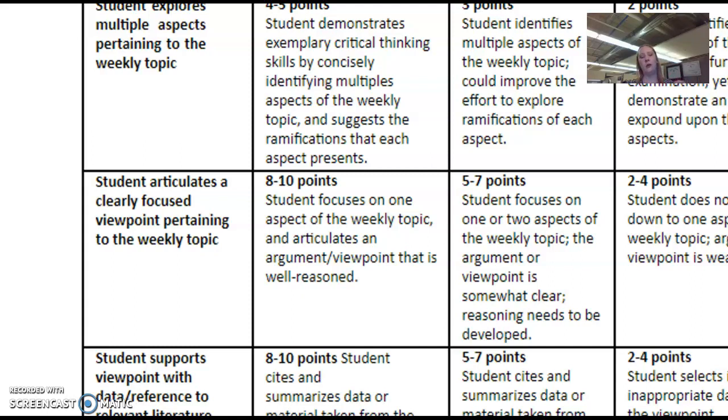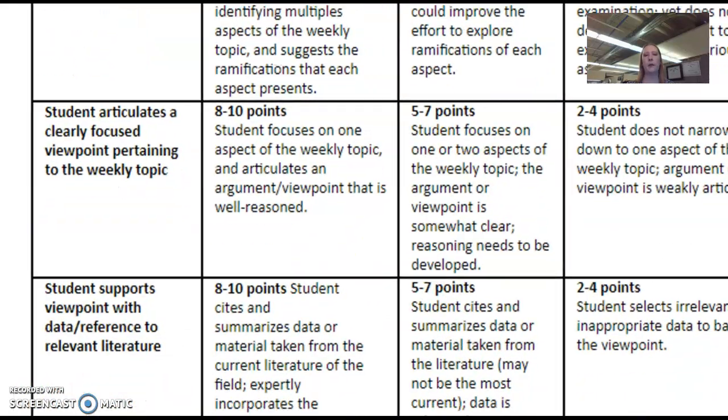So as far as math goes, I'm looking at, does your stuff make sense? So clearly focused means, does this make sense? Is it correct? Are you saying things that are correct? So that's worth 10 points for full credit. And so if everything you say is correct and is detailed, you'll get the full credit for 10 points. If not, if you have some things that are not quite right, then you'll be down in proficient and down from there.